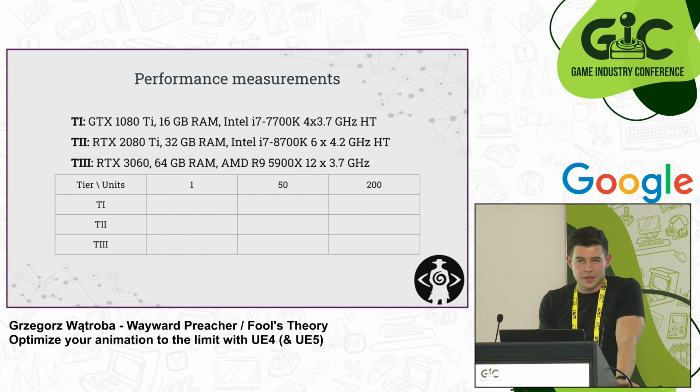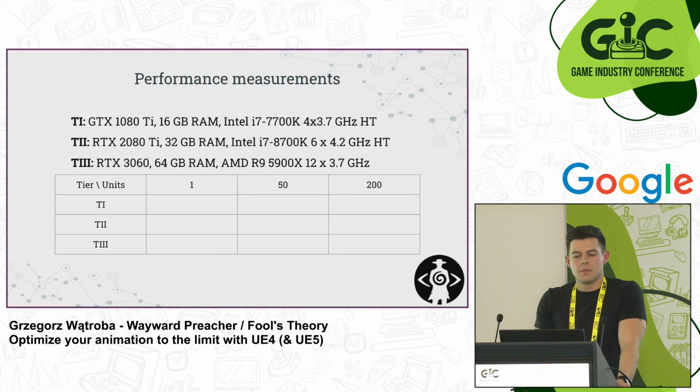Measurements without testing platforms wouldn't make sense. Currently, while working at home, I had three different tiers of PCs, so to speak, from a 5-year-old mid-tier grid to a modern Apple mid-level configuration. We will also test performance with 1 unit, 50 units, and 200 units on the screen.